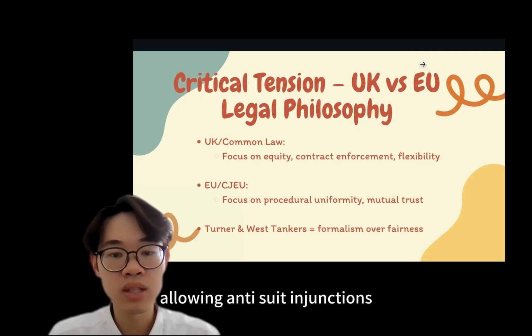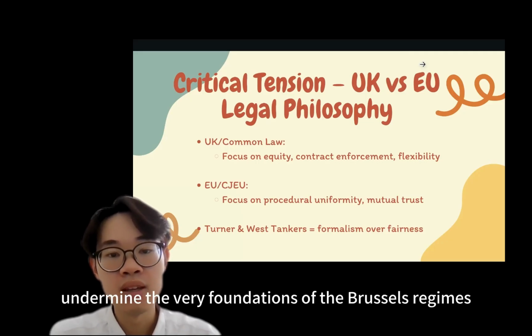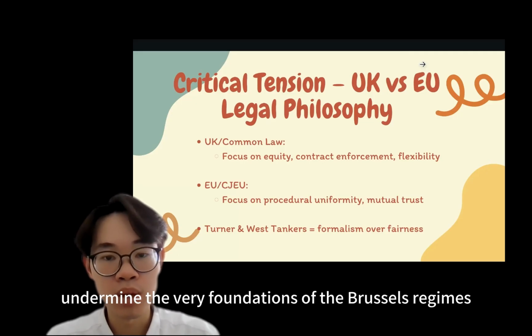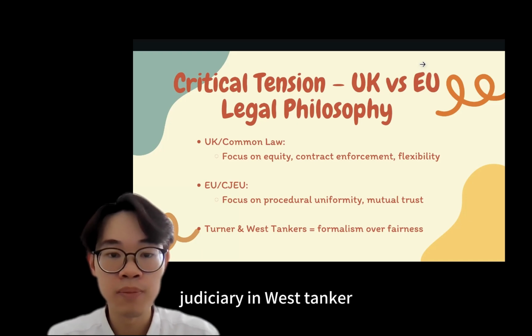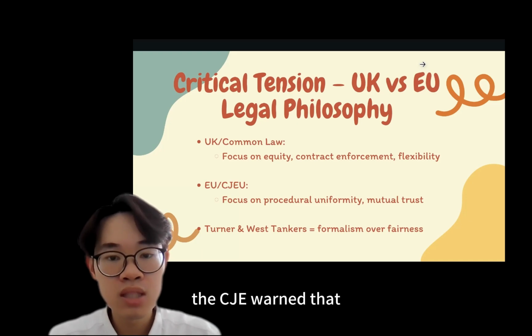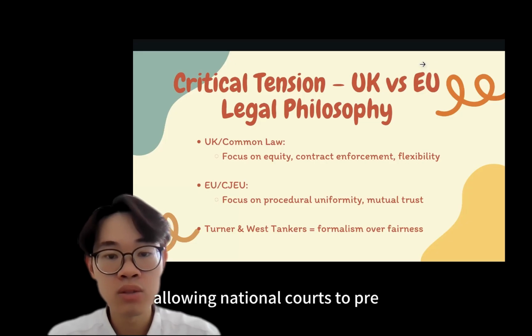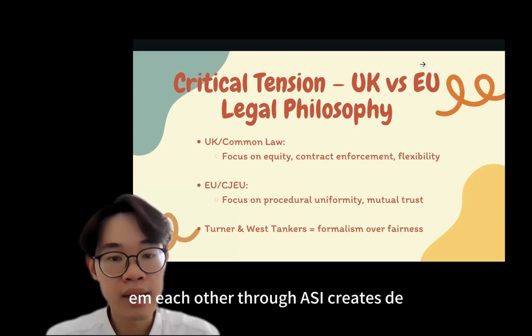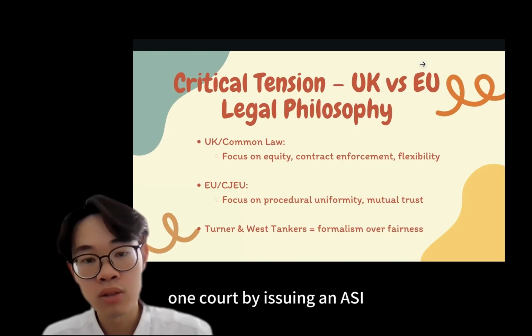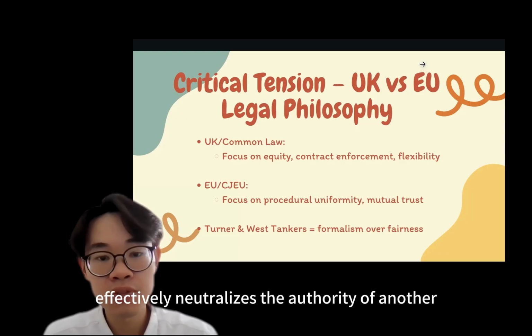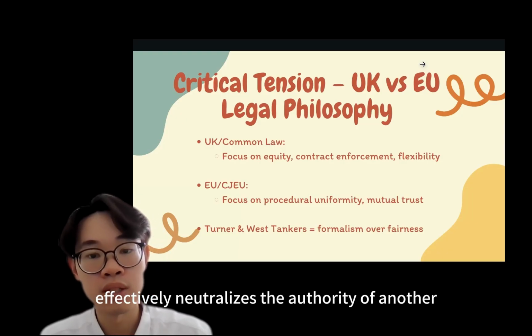Allowing anti-suit injunctions undermines the very foundations of the Brussels regime, which rests on mutual respect for each member state's judiciary. In West Tankers, the CJEU warned that allowing national courts to preempt each other through ASIs creates de facto exclusive jurisdictions. One court, by issuing an ASI, effectively neutralizes the authority of another.